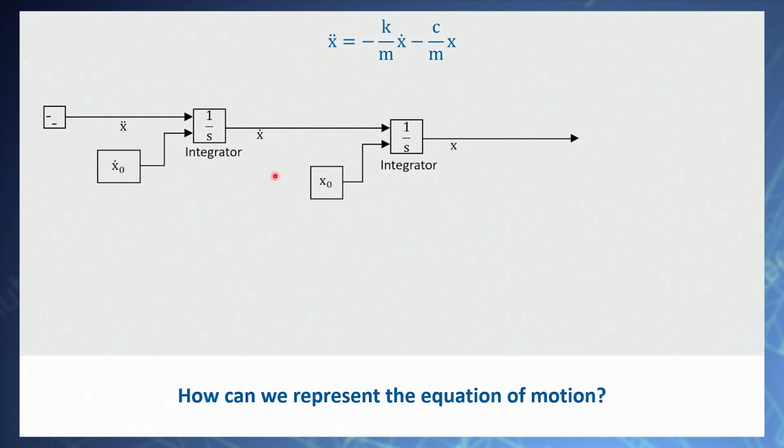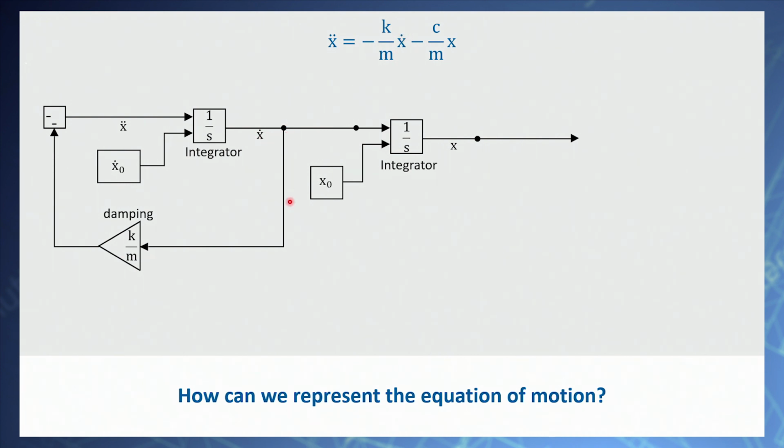Now we already have another block here on the very left, and that is the summation block that should give us the sum of the two addends that we see here in the equation. And obviously for this task we need to first of all feed back x dot.